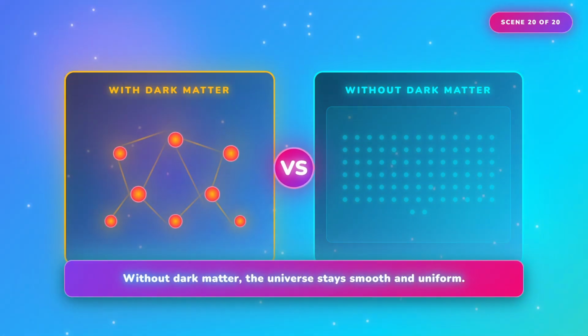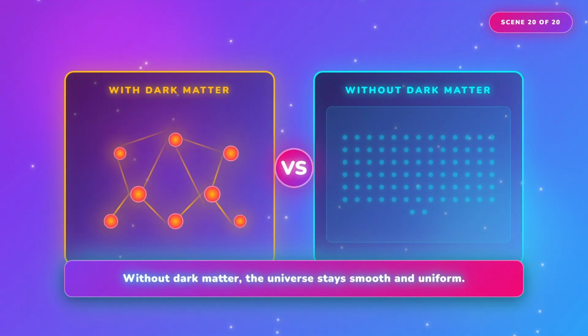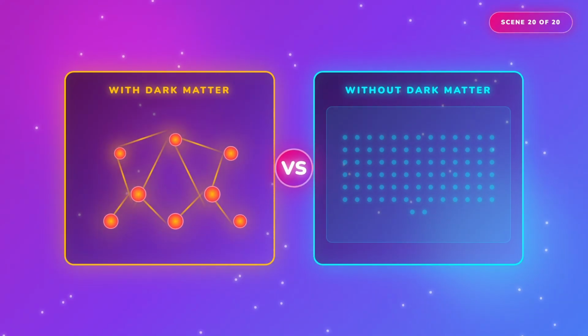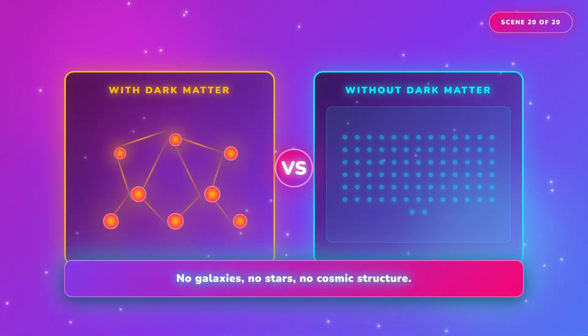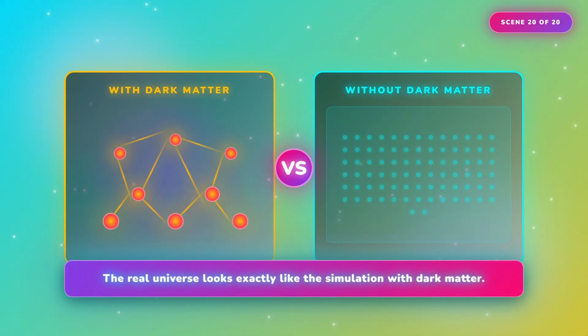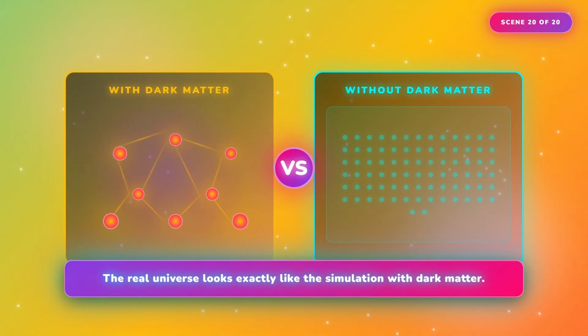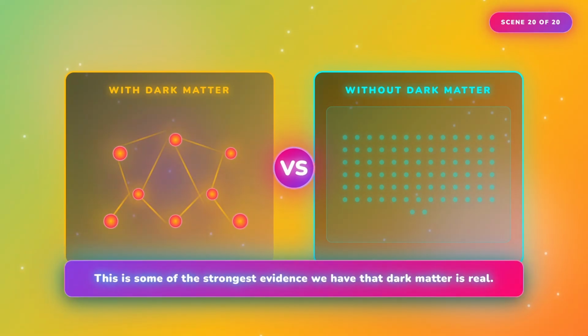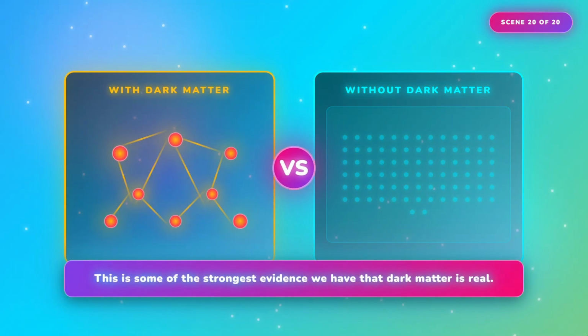Without dark matter, the universe stays smooth and uniform. No galaxies, no stars, no cosmic structure. The real universe looks exactly like the simulation with dark matter. This is some of the strongest evidence we have that dark matter is real.